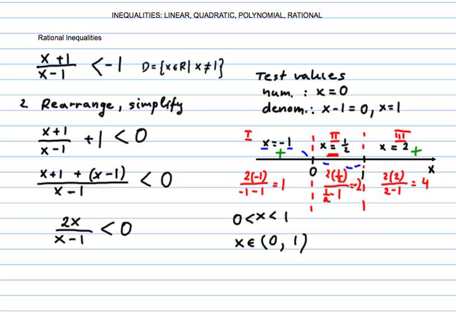Last one, x is equal to 2, positive value for the rational expression, therefore the graph is expected to be above. Since you're finding the solution where the left side is less than 0, the part of the graph that you consider is on the interval 0 and 1. This is the same example just solved in a slightly different way, so the solution has to be exactly the same. Alright. One more.